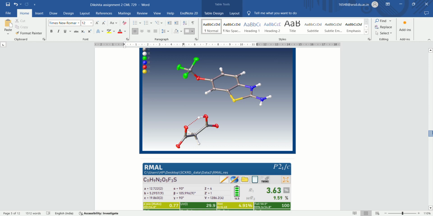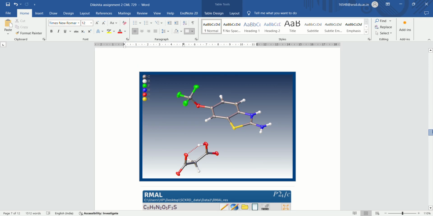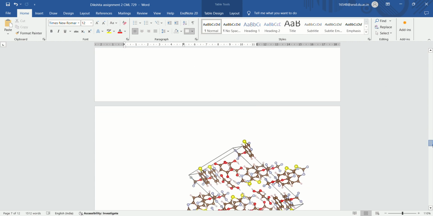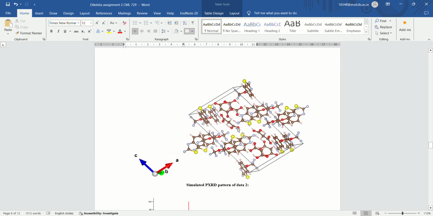Similarly, for the second data set, I got this structure with a space group of P21/c, and I got an R factor of 3.63% on further solving and refining the structure. On generating the zip file from this data, I got this crystal packing diagram in Vesta.